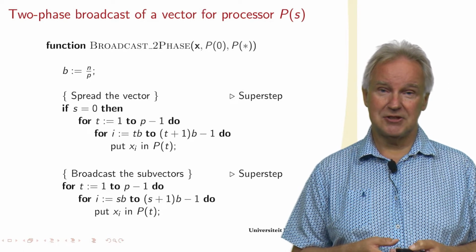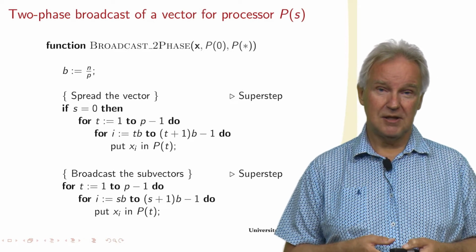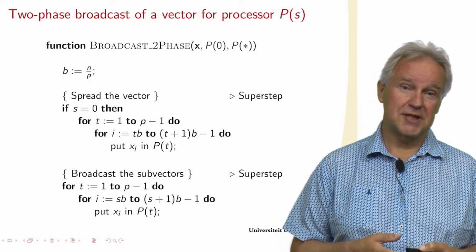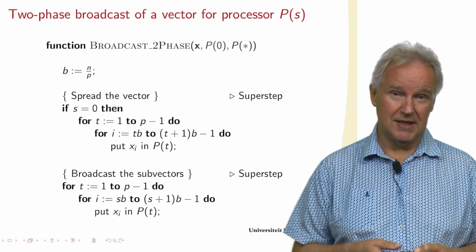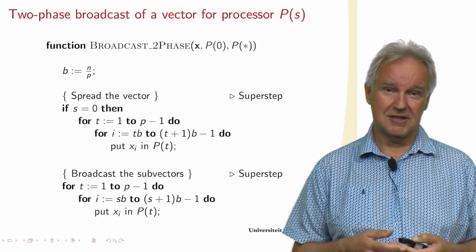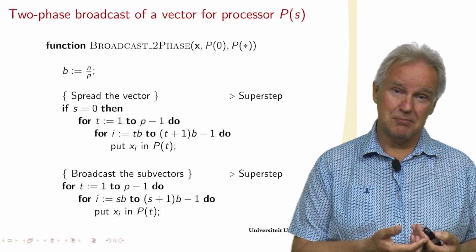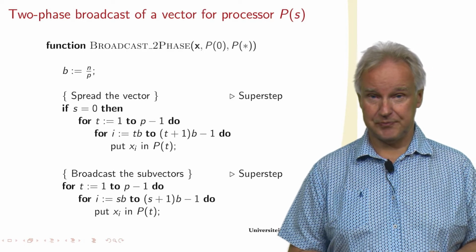If we're sending something to processor T, then the block will be from TB to (T plus 1) times B, and that's what we put in that processor. That's the block the processor PT becomes responsible for.